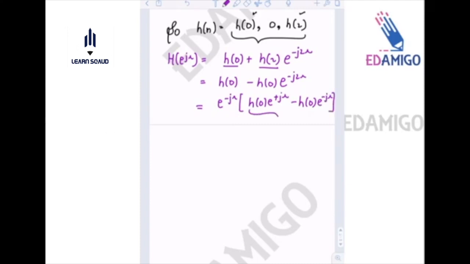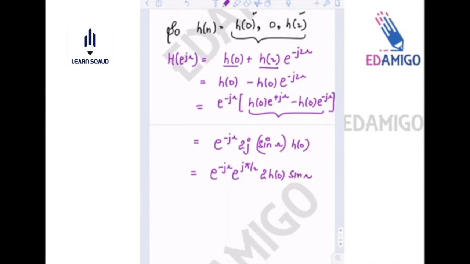Now we can see that this will make a sine term. So e^(-jσ) times 2j sine of σ, multiplied by h0. So e^(-jσ) e^(jπ/2) times 2 h0 sine of σ.